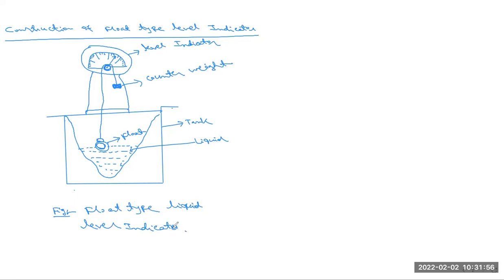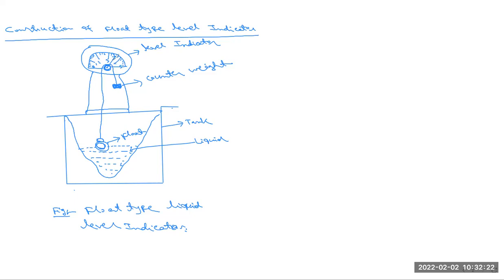Okay, so here you can see this is one float. This is the floating device, and it touches the surface of the liquid or water or anything you have to measure. Using this float type method, we connect a level indicator. Here the scale is present, 0, 1, 2, 3, 4, 5.